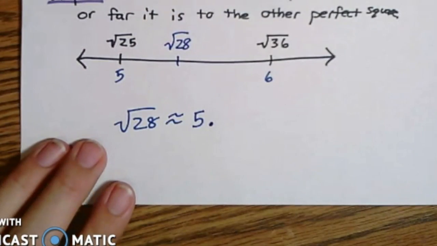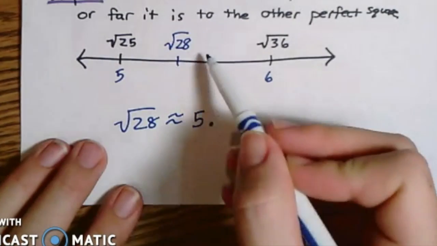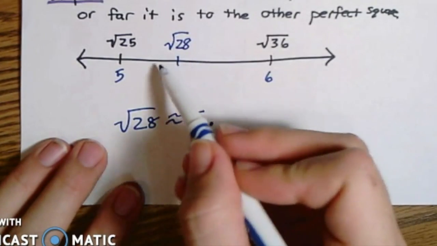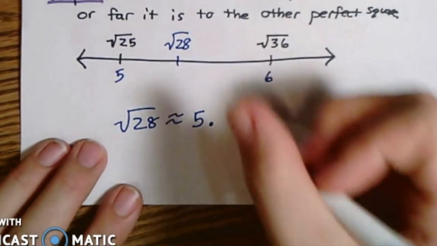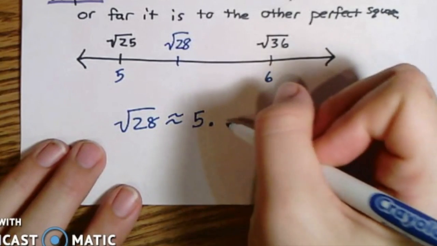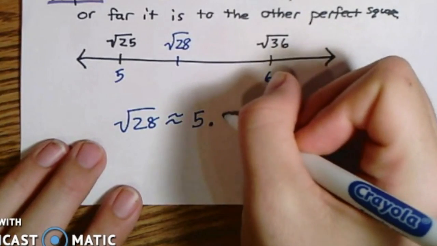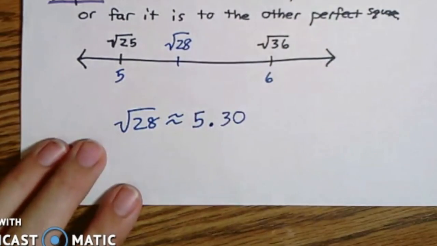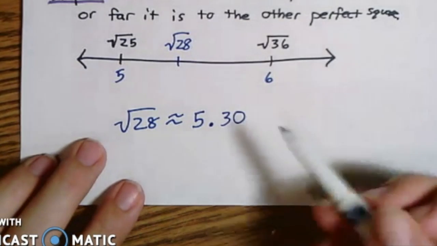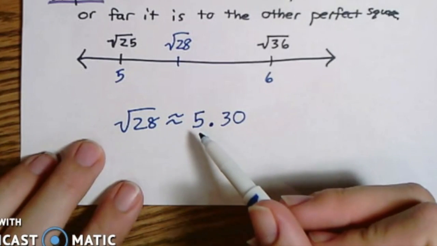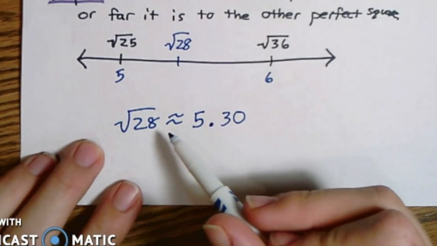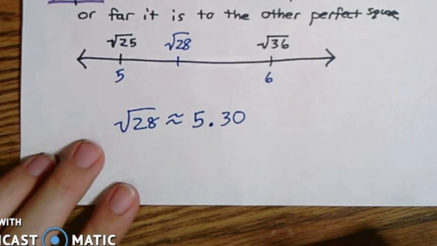And this is estimation. It's not perfect, but that tells me that if this was half and 28 was about halfway between those two, that my thing is probably going to be about 5.25 or 5.30. And so that would be my final answer. I'm estimating that the square root of 28 is about 5.3.